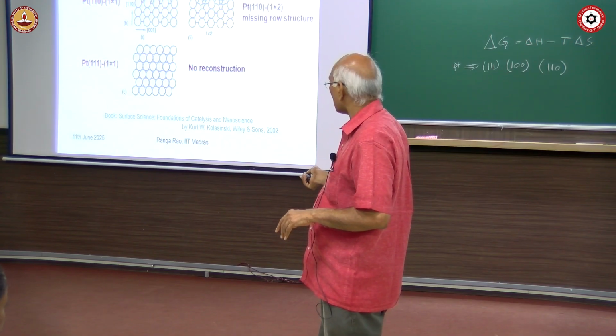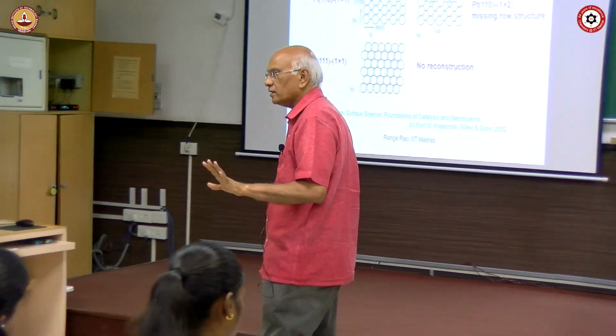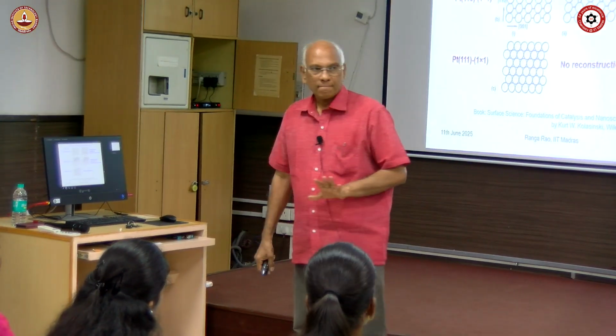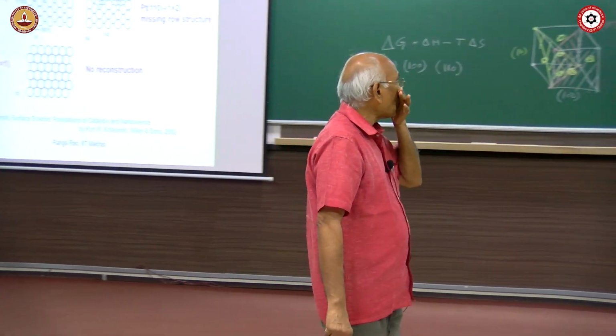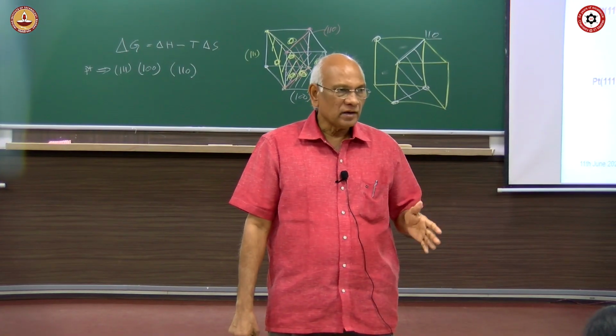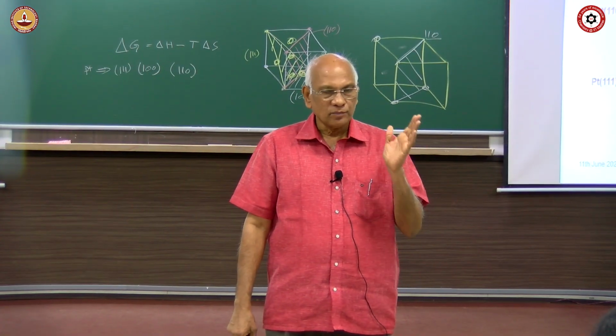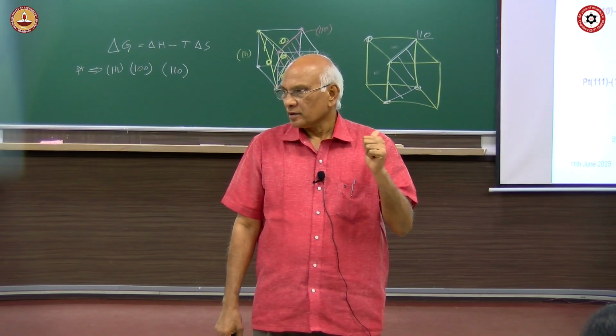This one does not undergo any reconstruction; it is already hexagonal. This is called surface reconstruction, observed on platinum. There are many metals; if you have a single crystal, all these things are observed.